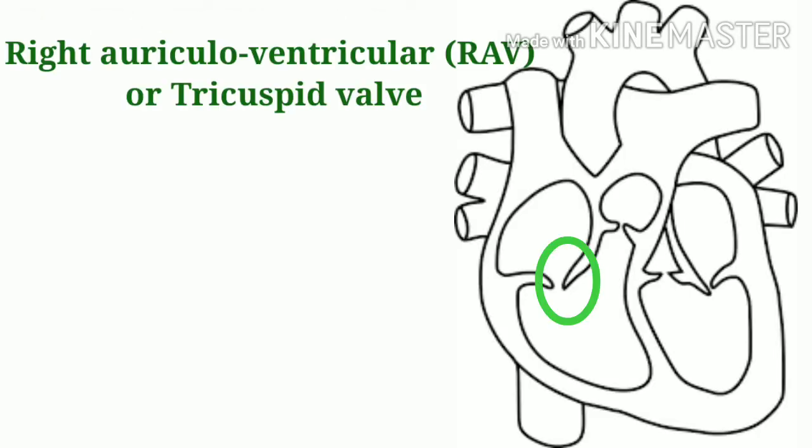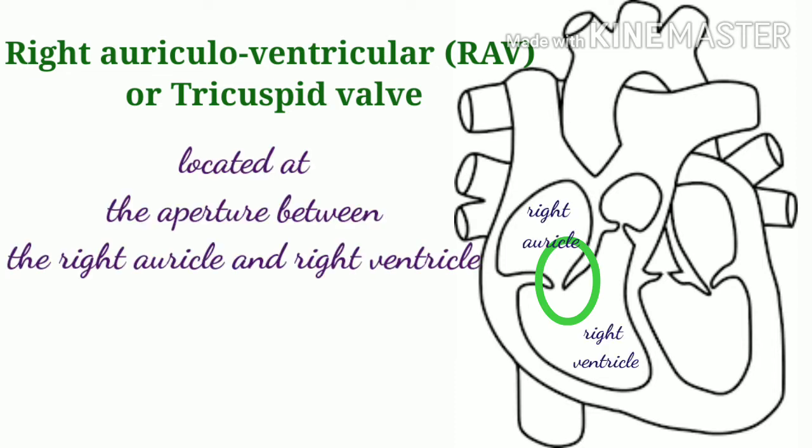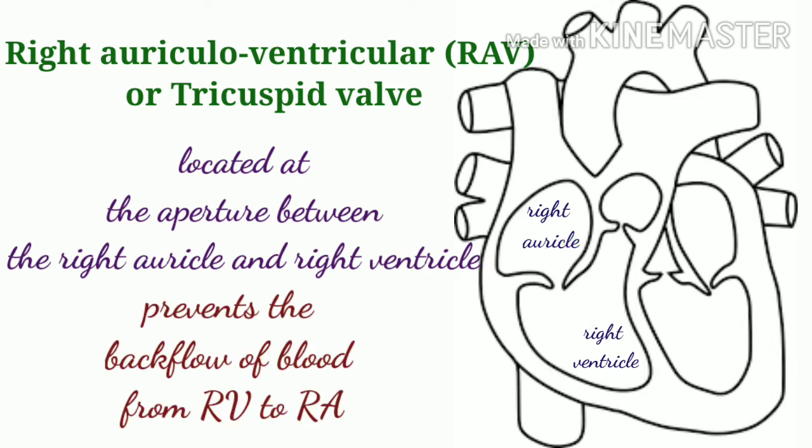The four valves present in our heart are the right auriculoventricular valve or the tricuspid valve, present between the right auricle and the right ventricle. It prevents the backflow of blood from the right ventricle to the right auricle during the contraction of the ventricles, or the ventricular systole.